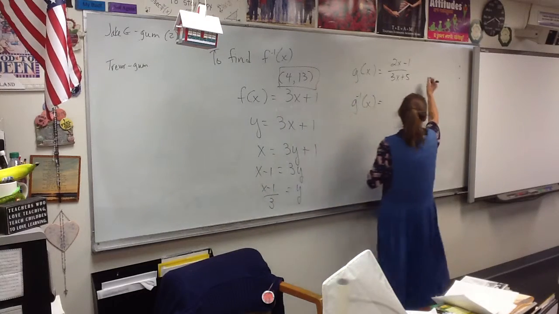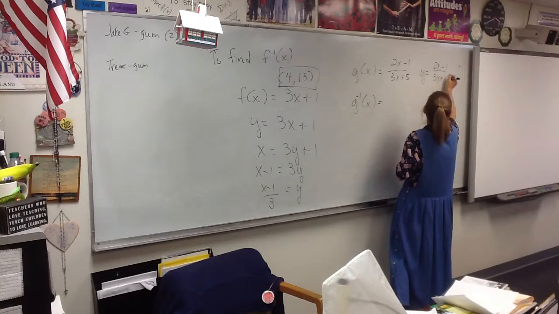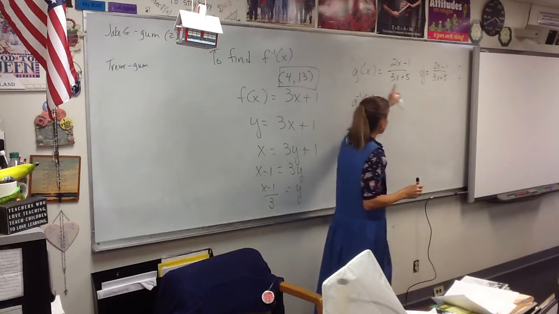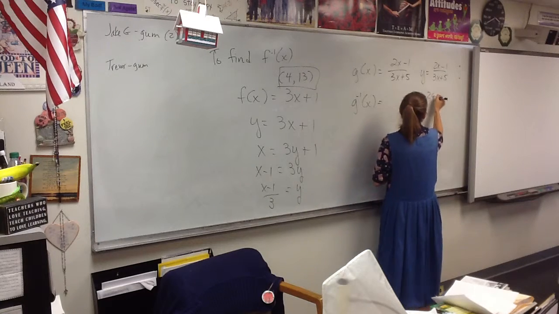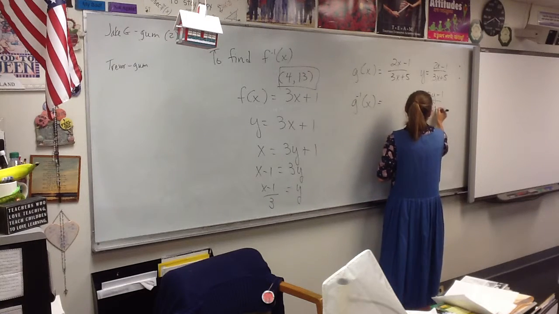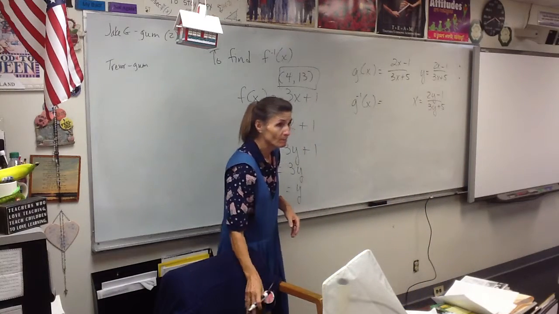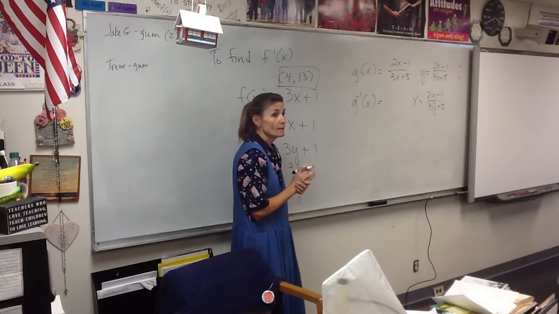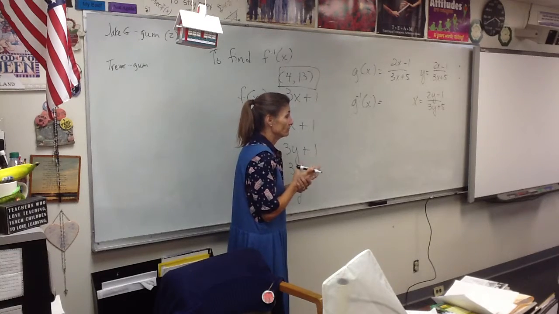So, this is the same as y equals, right? Remember, g of x is the same as y. So now I'll switch my variables. But this is a little tougher because, Dan, what did you say I'm supposed to do now? Solve for y. So somehow, I've got to get y by itself.